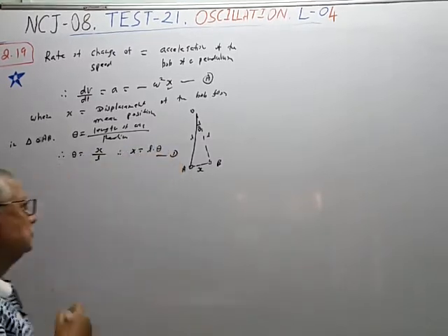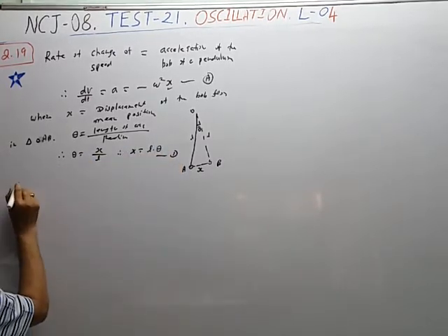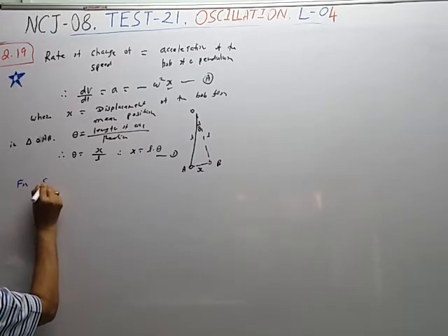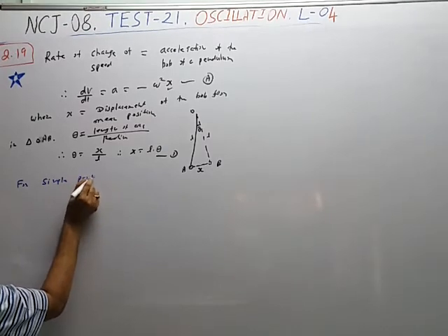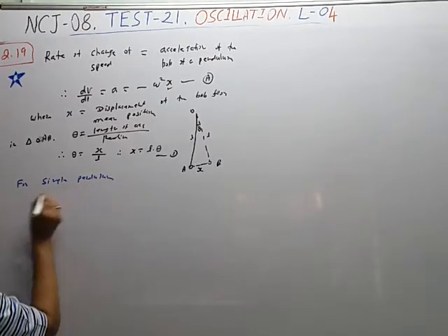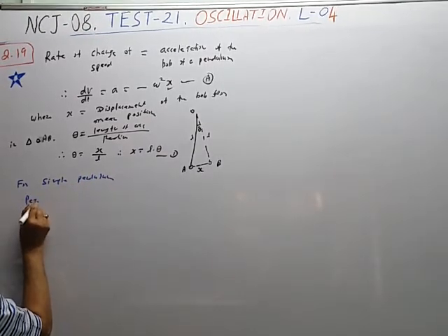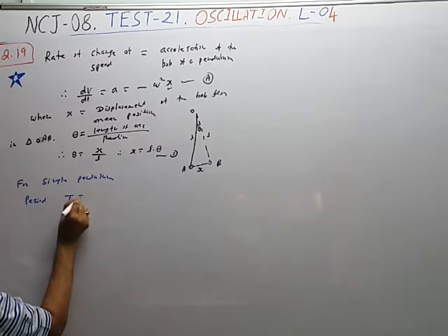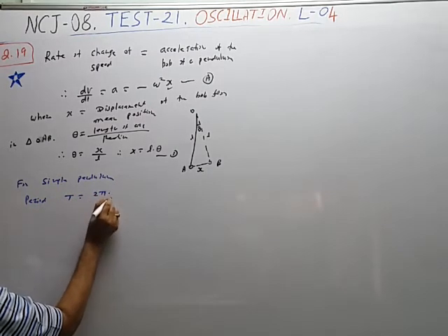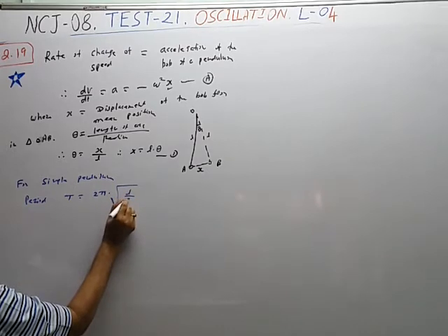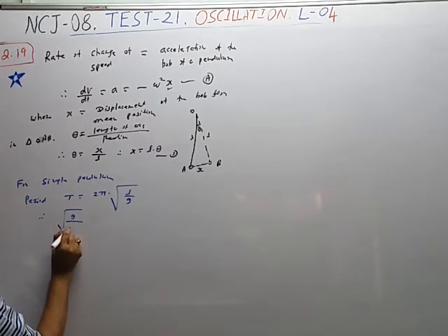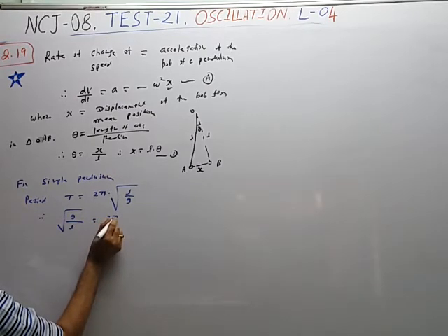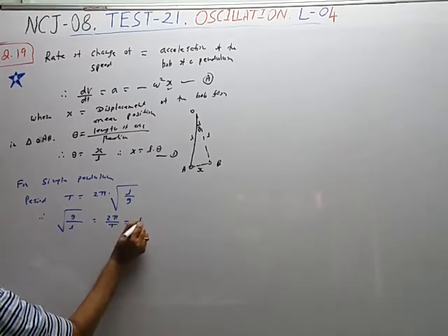Now, for simple pendulum, period capital T is equal to 2 pi multiplied by under root L by G. Therefore, root G by L is equal to 2 pi upon capital T is equal to omega.